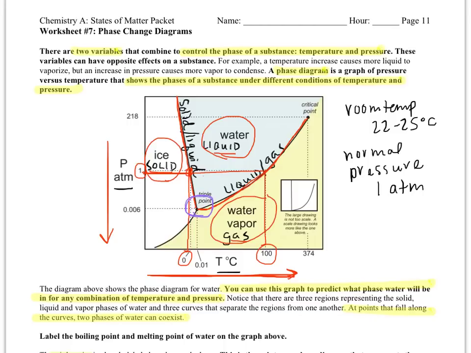For water, they're saying that it occurs at exactly 0.006 atmospheres and 0.01 degrees Celsius. This triple point is the point where solid, liquid, and gas all exist sort of in balance at the same time, right? There's a critical point also, okay, and I've defined the critical point further down here.